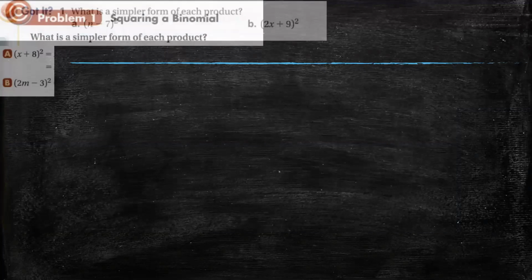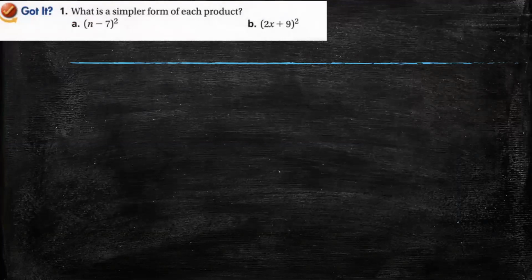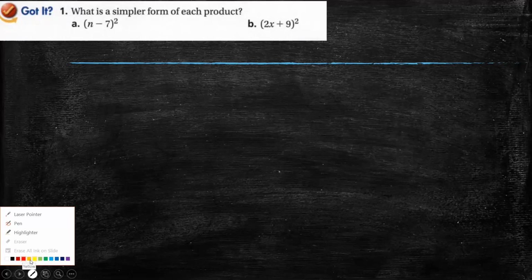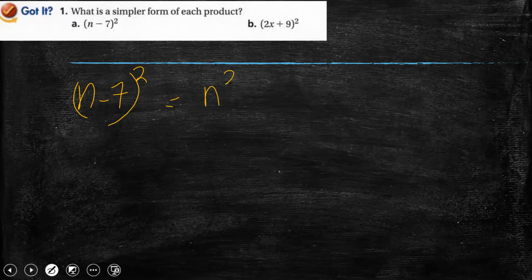And we have some examples. If you have, as an example, (n minus 7) squared, you want to simplify it using the square of a binomial. The way is, I will put the first term squared.